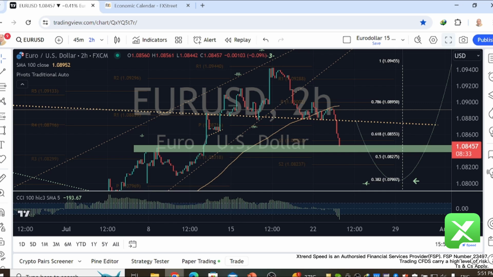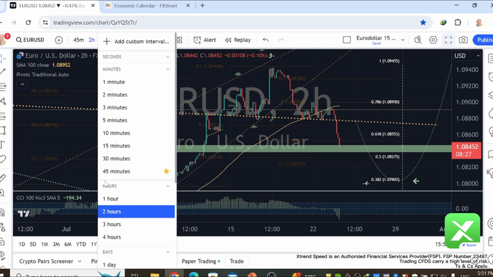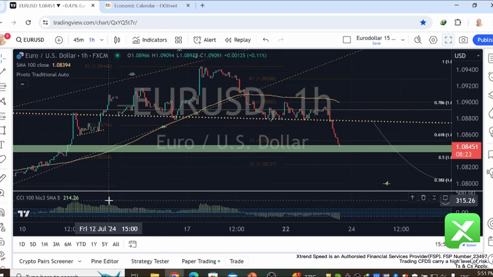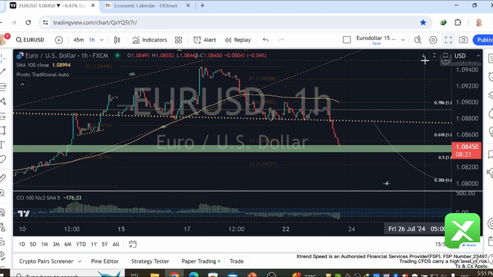All right, so let's take it live. We have negative momentum on the 2 hours. We're at level 1. We have negative momentum on the 1 hour. I believe consistent degree 3 negative momentum.